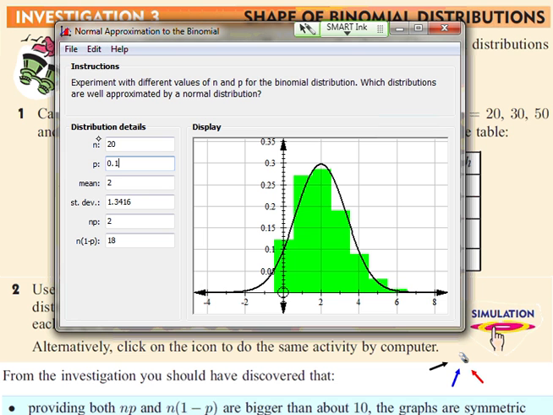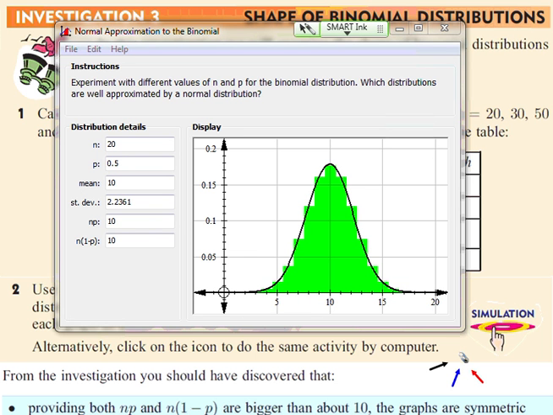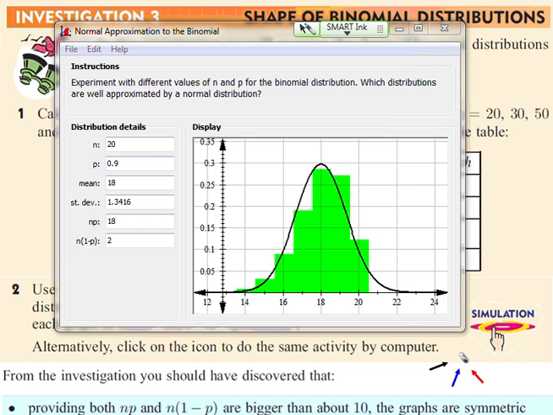It calculates the mean for us here and the deviation, and we can see the curve is slightly positively skewed, not a normal curve. So now change p to 0.3, and we can see the skewness is gone and it looks more symmetrical. p of 0.5 is even more symmetrical. Up to 0.9 for p, we can see now it looks to be negatively skewed.